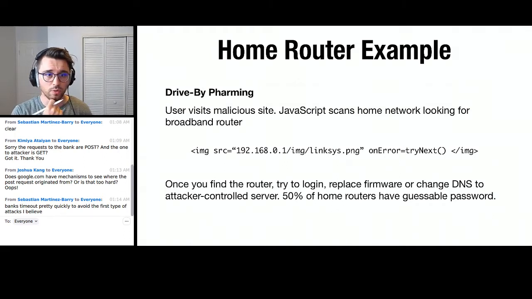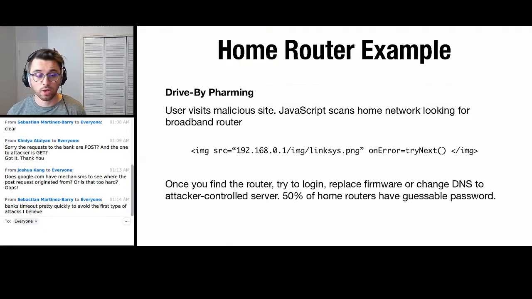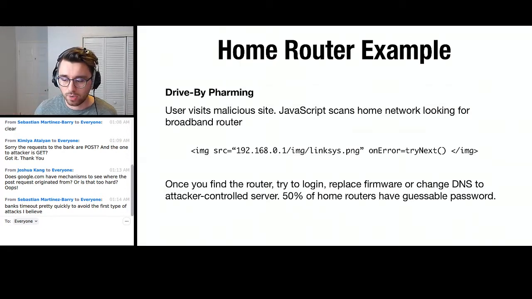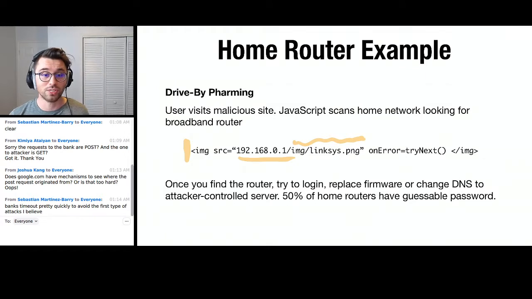So, for example, there have been attacks where you visit some attacker page, and what this attacker page does is really clever. It's called drive-by farming. It just has a bunch of image sources, so it's basically trying to load images. In this case, it's trying to load images from 192.168.0.1, with this particular path here, which is image linksys.